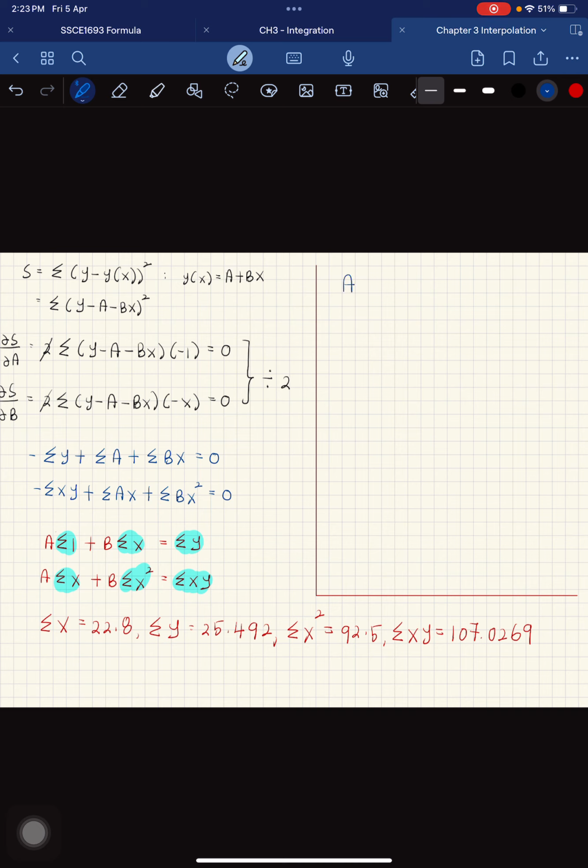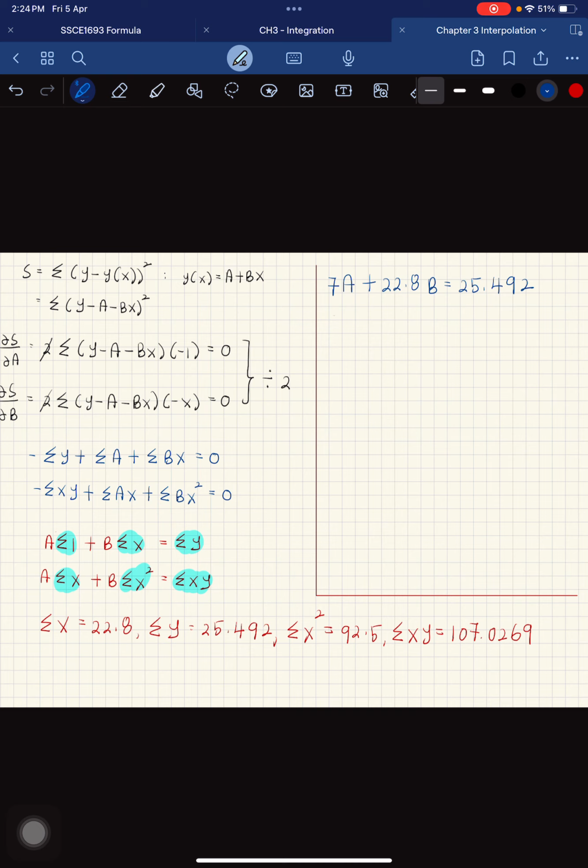a summation 1. Summation 1, because we have 7 data, so we have 7. Summation 1 is equal to 7a plus 22.8b equal to 25.492.